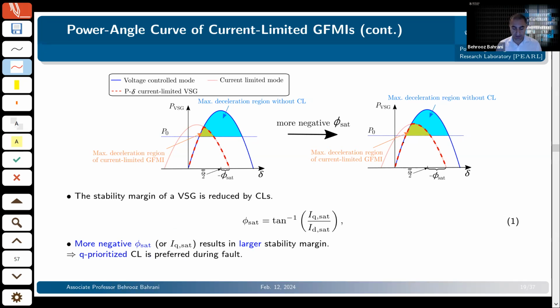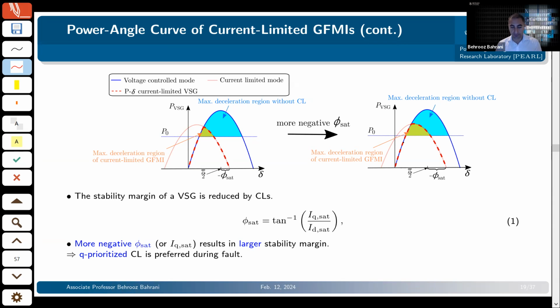What does it mean? It means that if we want to have a larger deceleration region, and if we want to increase the stability margin of our grid forming inverter when we are operating in a current limited mode, it is probably better if we go for a Q prioritized current limiter. And that is typically what we try to do with grid forming inverters when we want to limit their current.